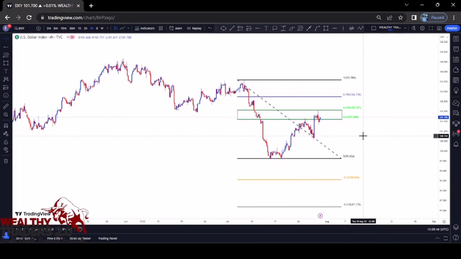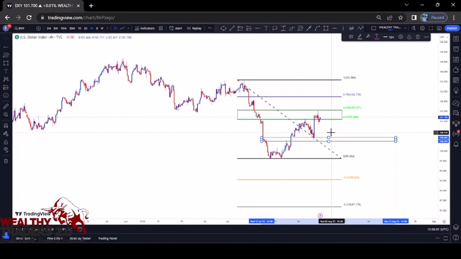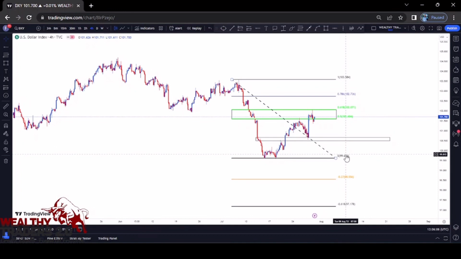So you always have to be steps ahead of the market. Looking at our previous market, or where the market was turning, we can see that we had a support or resistance around those areas.